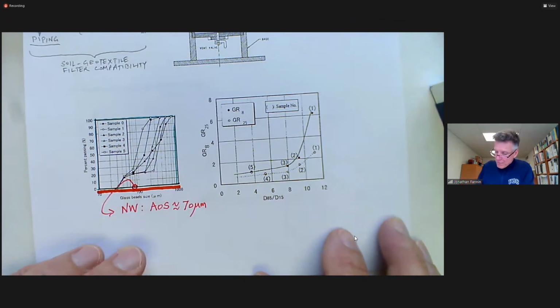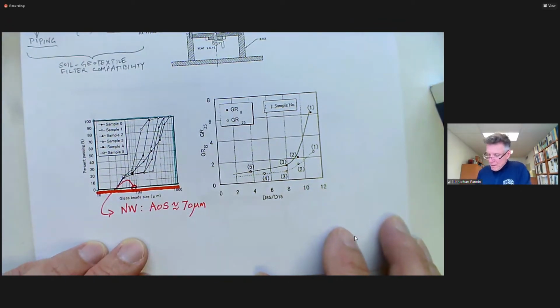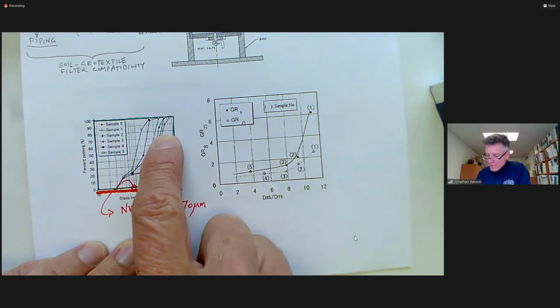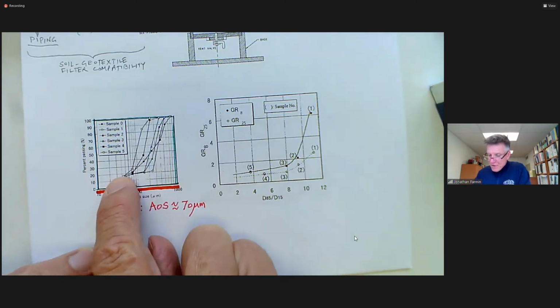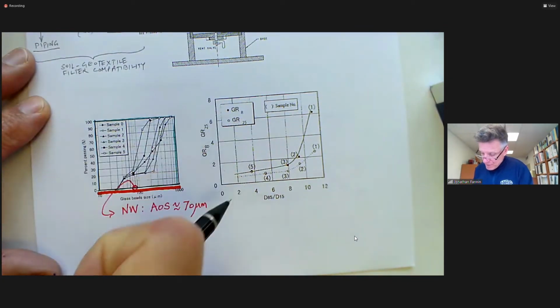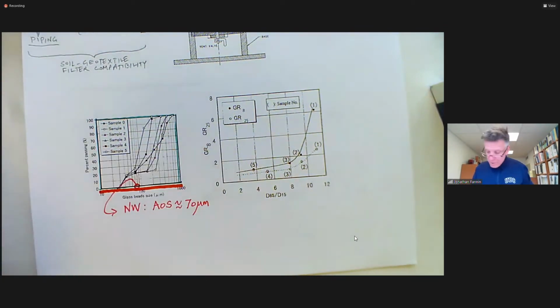And what we observe, we could look at how gap graded the soils are in terms of their ratio of D85 to D15. So the ratio D85 to D15 of the soil.